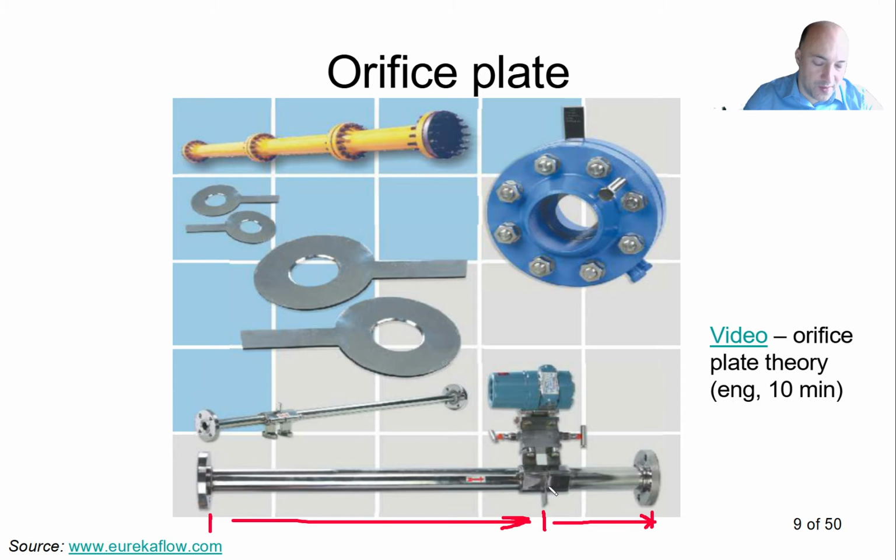An orifice plate typically requires a very large installation space. So you cannot just install the orifice plate anywhere you like, but you need to keep this very large distance in front and this somewhat smaller but still quite large distance after the orifice plate.